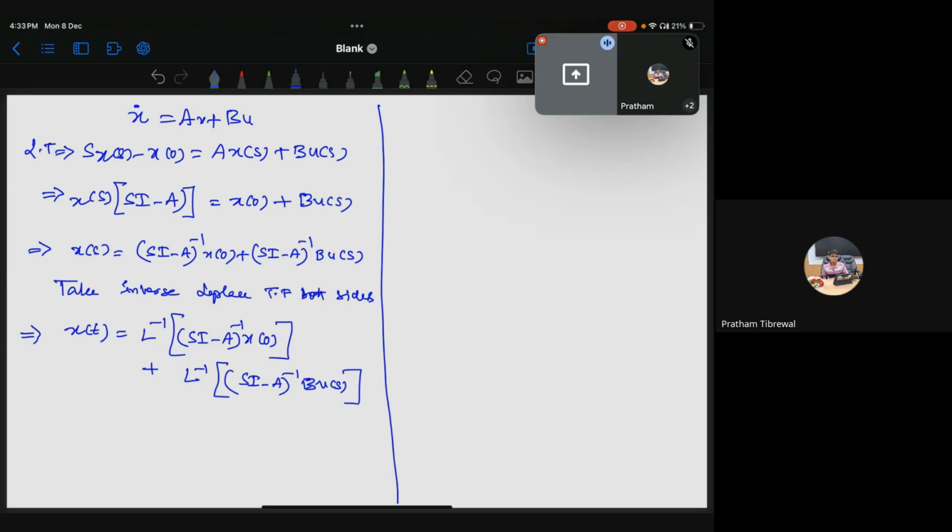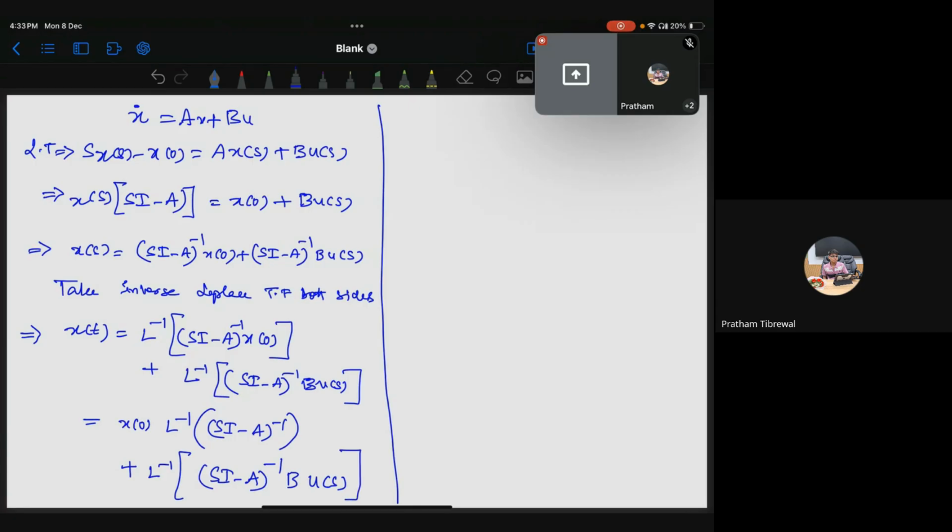Am I correct? x of 0 is the initial condition, a constant, so it comes out of the L inverse of (sI minus A) whole inverse. B is a constant.